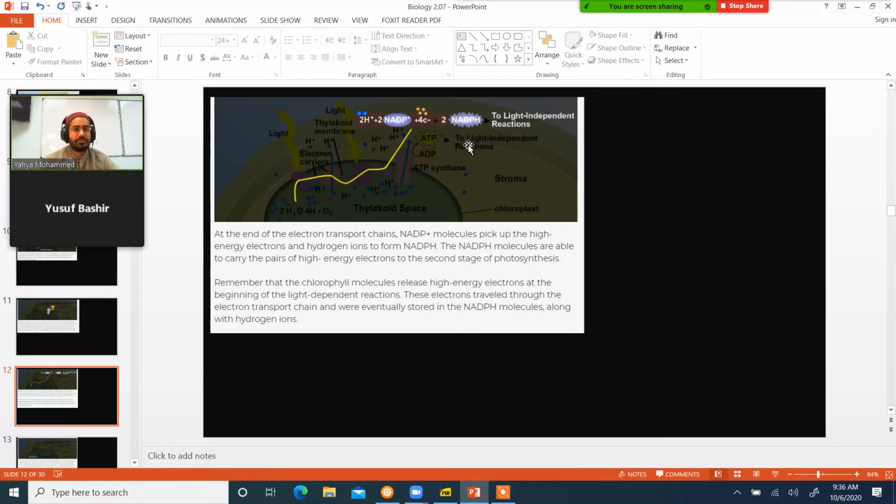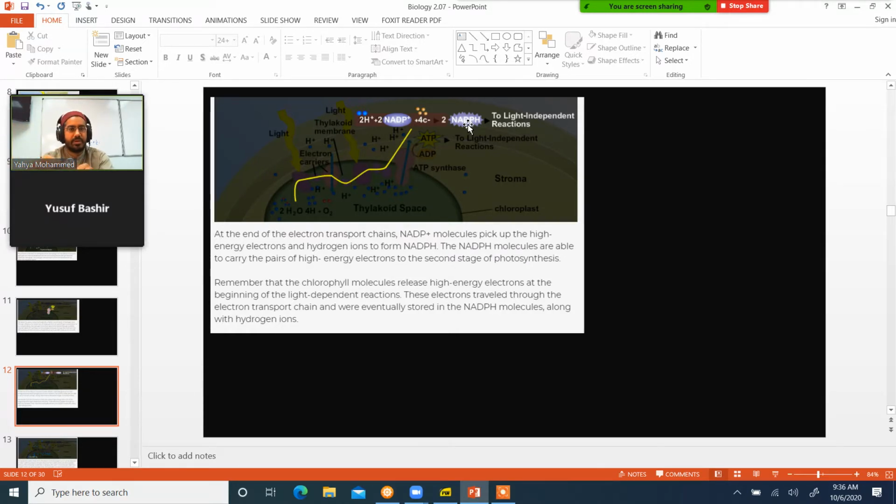You remember those electrons that were being forced through? They join up with NADP plus and form NADPH. Remember the charged battery? We talked about how it's almost like charging up a battery. So this battery has been charged, and now at the end we have a charged battery that can be taken somewhere else to do some kind of work.